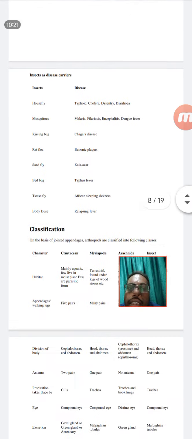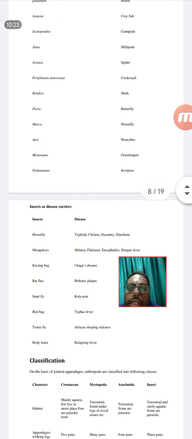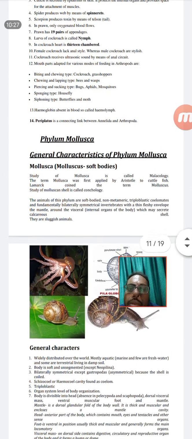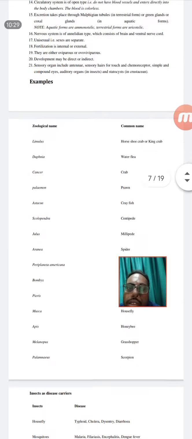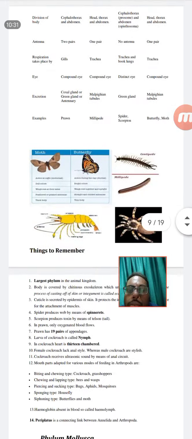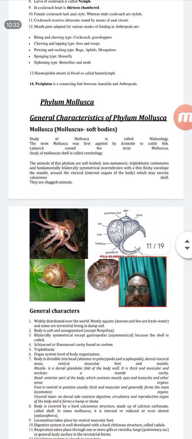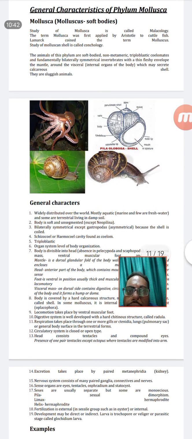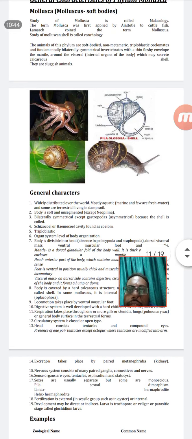Next one that is coming is the Mollusca. Mollusca means soft-bodied, and inside this Mollusca we have octopus, the most common mollusc that everybody knows. Then we have snails, then the shell animals, those are there. And coming to their general characteristics, they are widely distributed.